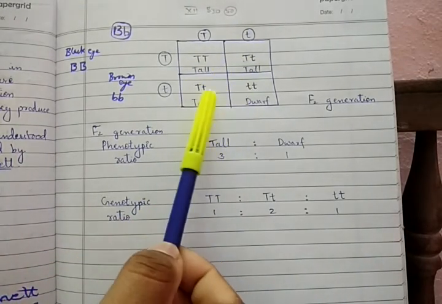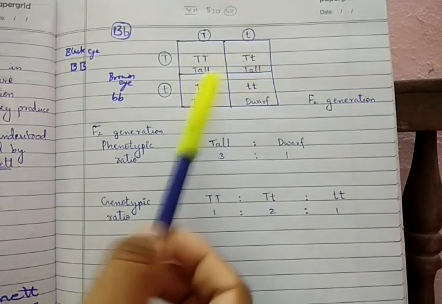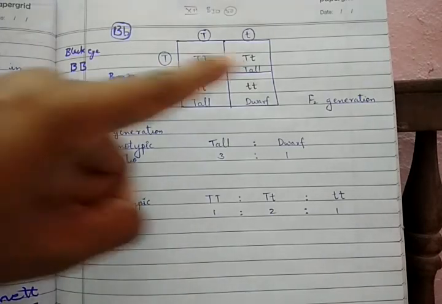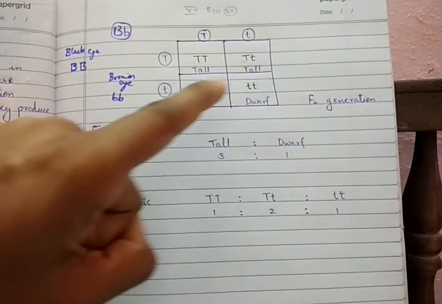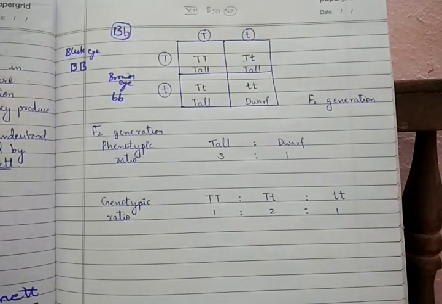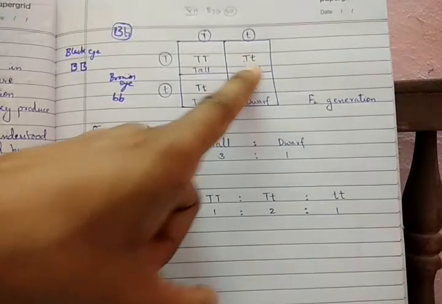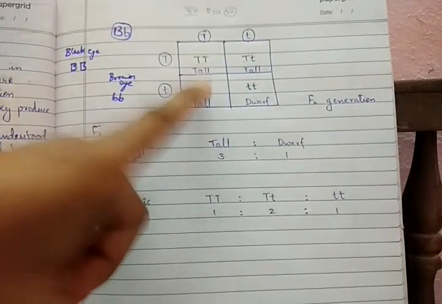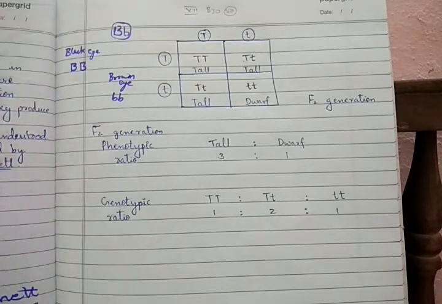This means there will also be a recessive character in the next generation if this is the parental generation for the production of the next generation.